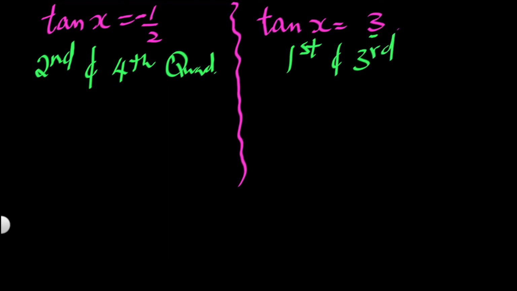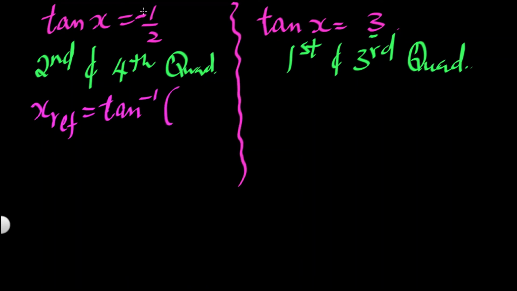This is positive 3. It means we find the answers in the first quadrant and the third quadrant. These are the quadrants where tan is positive. Now from here, I have to use the arc function to get my reference angle. So x ref is equals to arctan.